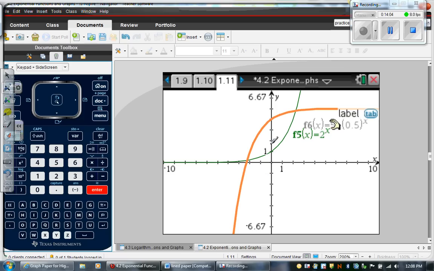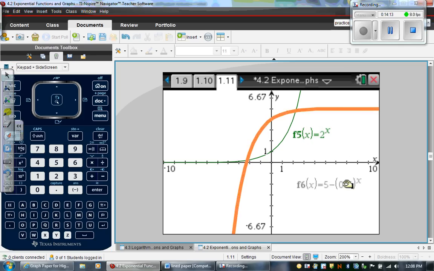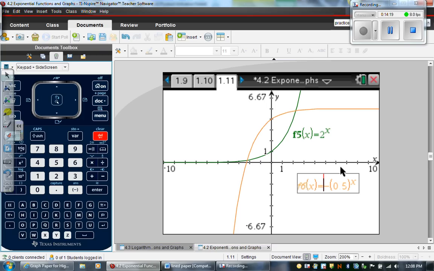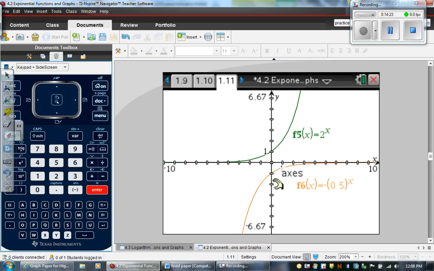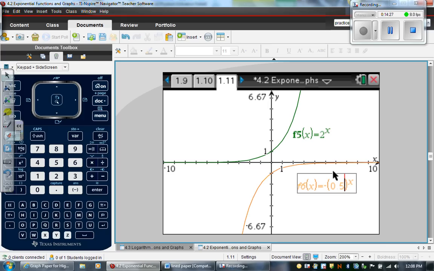So if I look at my original before the translation, which may make it a little bit easier to see, let's say I get rid of this piece here. All right. Notice that it's been reflected. But not only has it been reflected, I've changed this base. So let's take this one step at a time.